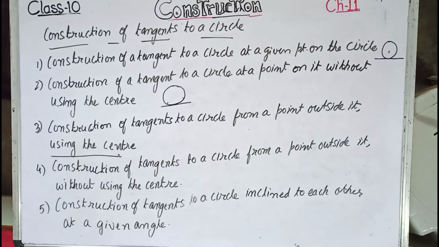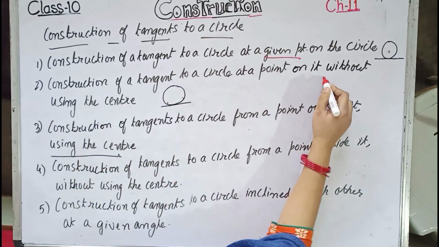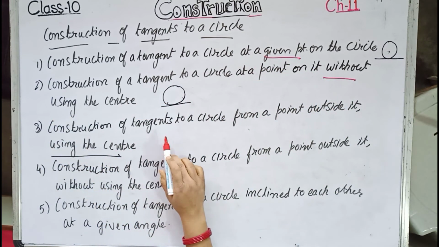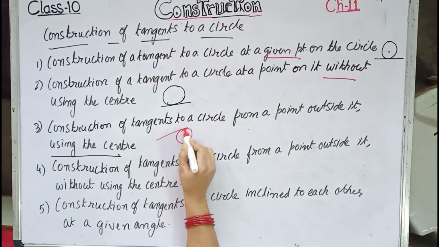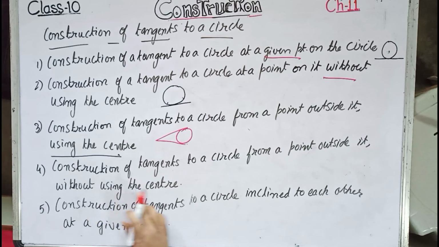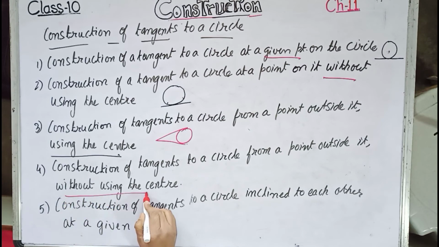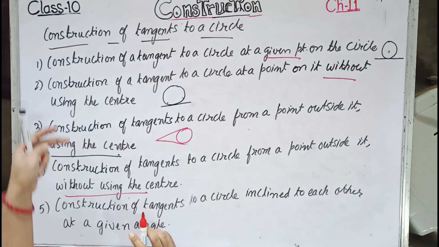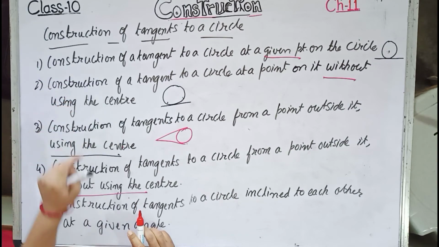So construction of tangents to a circle from a point outside it using the center, and without using the center. Here also if you can see using the center, and here it was without using the center. So using the center we will construct a pair of tangents to the circle. And construction of tangents to a circle from a point outside it, without using the center. Construction of one tangent on the circle using the center, without using the center.